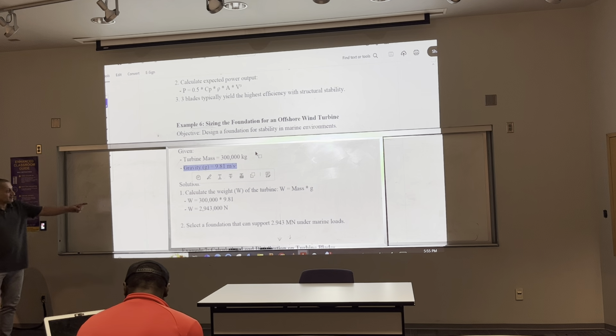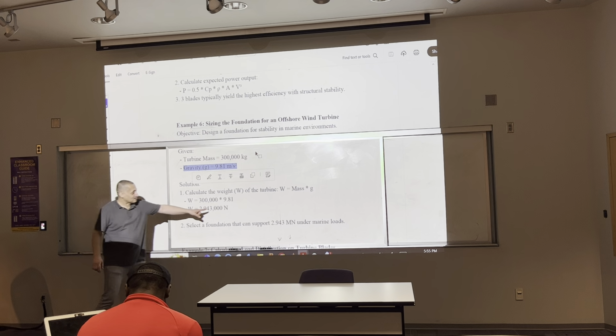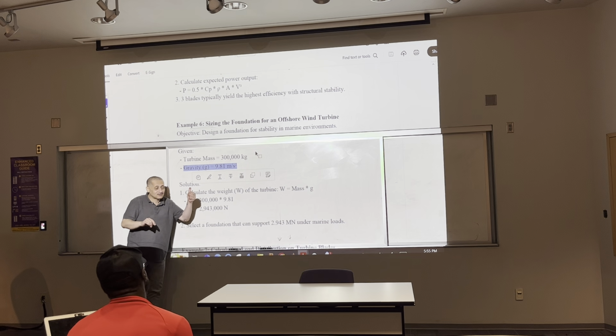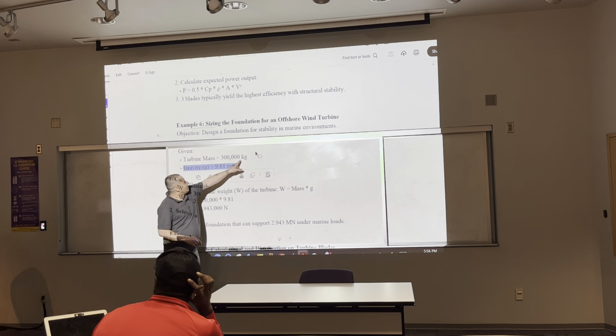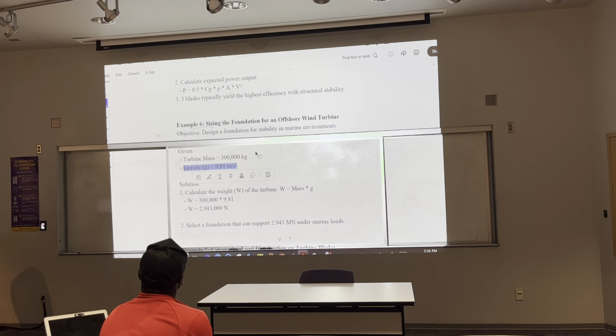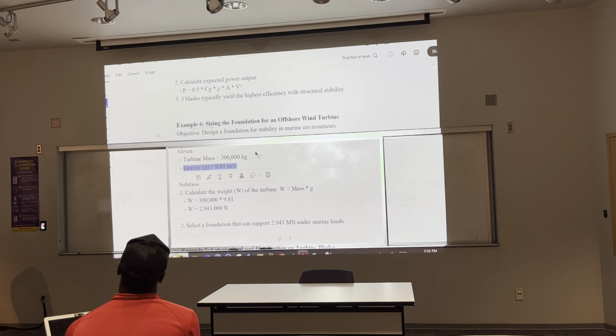But here the weight is in Newton, while the mass is in kilogram.